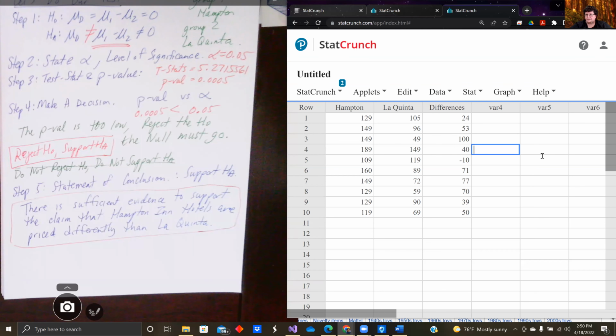Any ideas? I didn't check my assumptions that it's normally distributed.